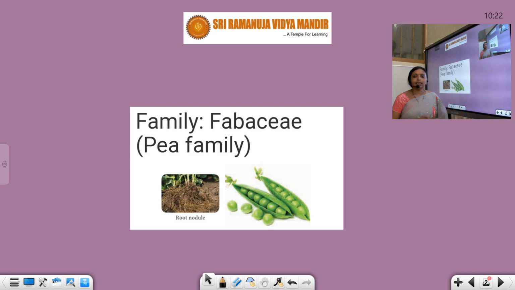And in the practical exam also, a twig will be given to you, and you have to write the semi-technical description of the twig. So you have to describe the characters.